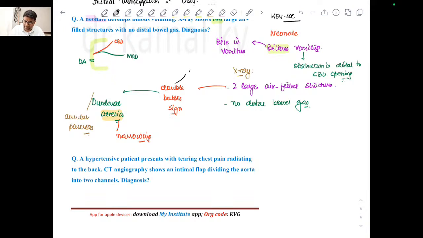One is the air in stomach, and second shadow is the air in proximal duodenum, right, and there is no air shadow distal to that. So, this is classical double bubble sign suggestive of duodenal atresia, or at times the answer may be annular pancreas if duodenal atresia is not in the option.